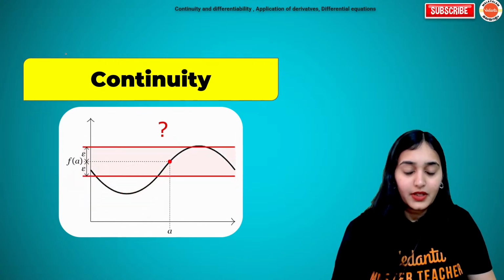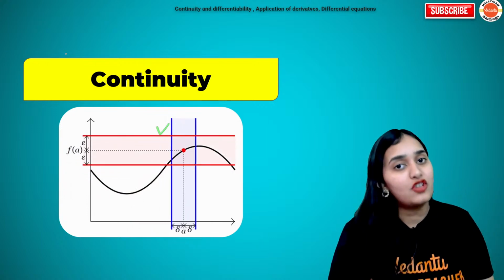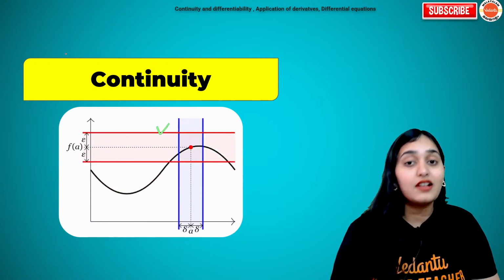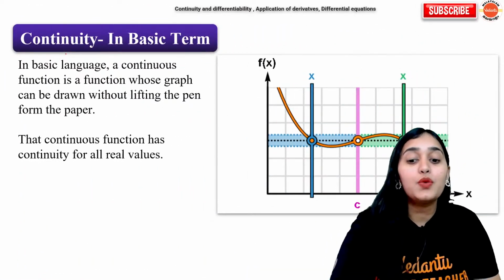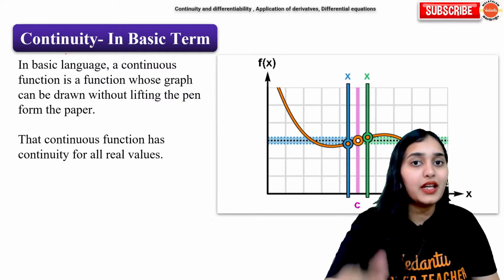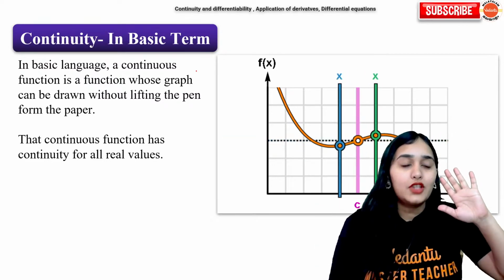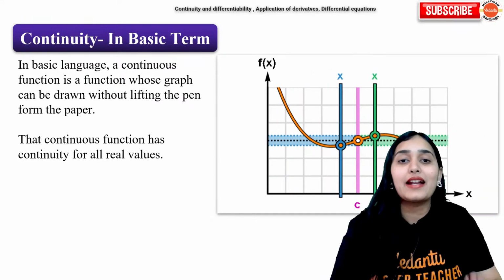Okay, come on. So first we will learn about continuity, then differentiability, then how to find derivatives of special functions. Okay. Now, what is continuity? By the name itself, you can understand that continuity means the graph of the function is continuous. It is not breaking at any point.